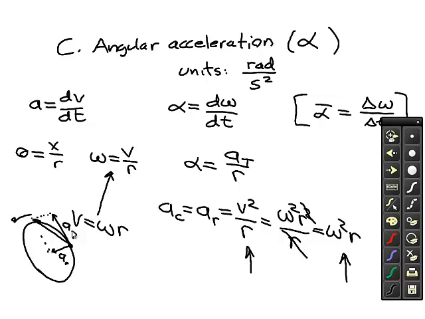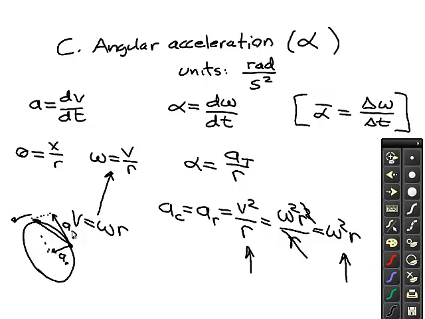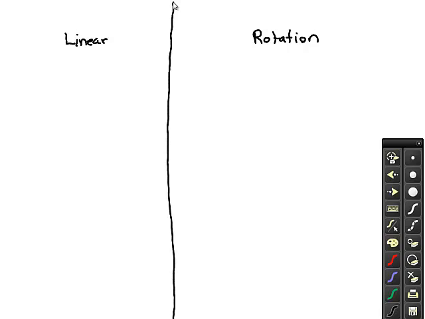Okay. So I have just unloaded on you a whole lot of new variables and new equations. So it would only be fair if I try to summarize all of this into one big, beautiful thing. So here's the story. We could write this up as the next Lord of the Rings novel or something. We have two realms: the realm of the linear and the realm of the rotational. Set betwixt these two realms is a giant chasm which no one can cross unless you have the magic equation.